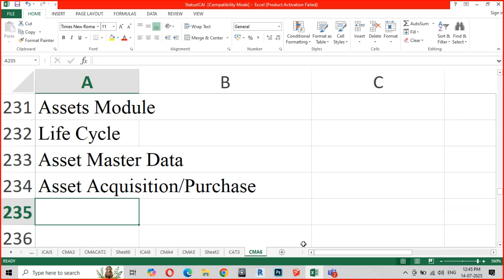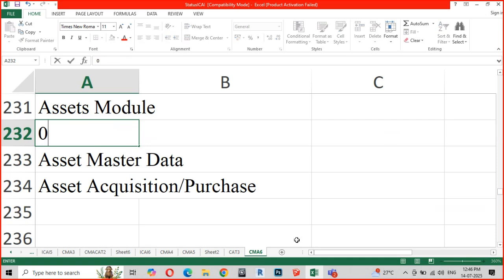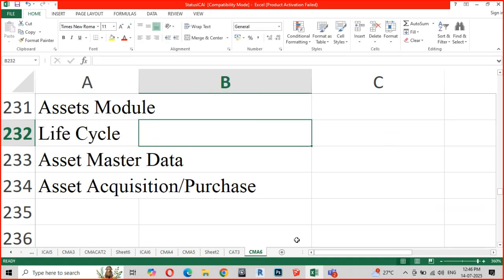After you have created the master data, it is your asset acquisition process, or asset purchase process. Clear? Let me also say you are dealing with fixed assets only.